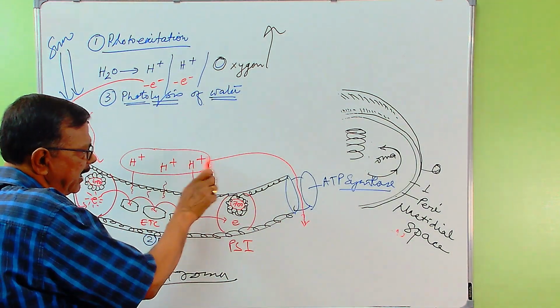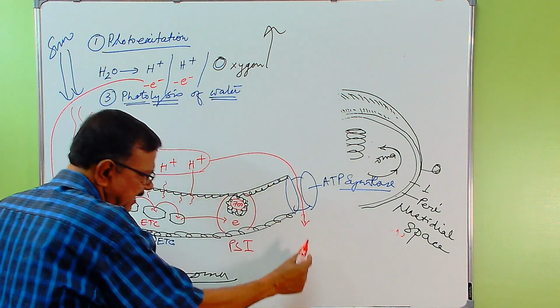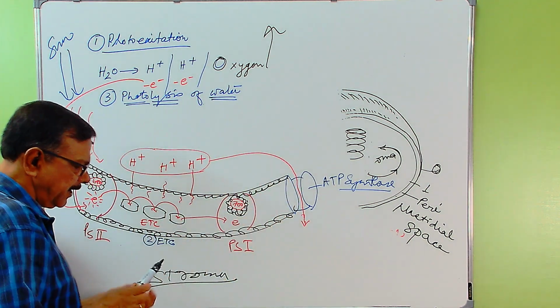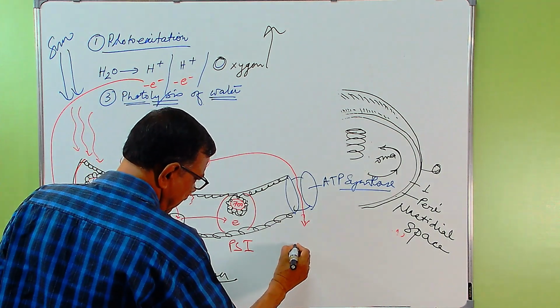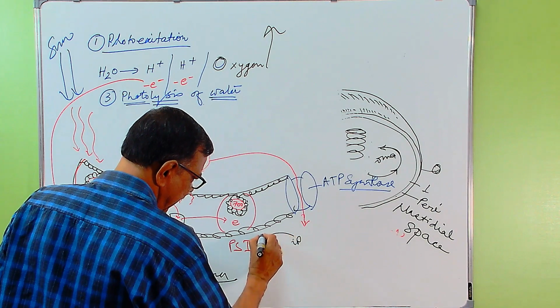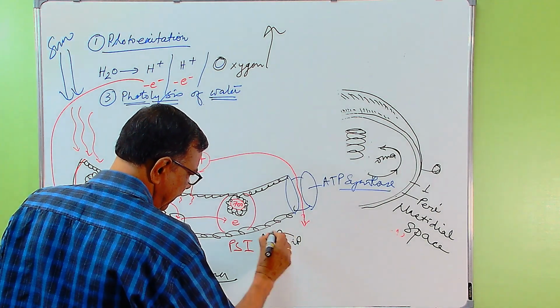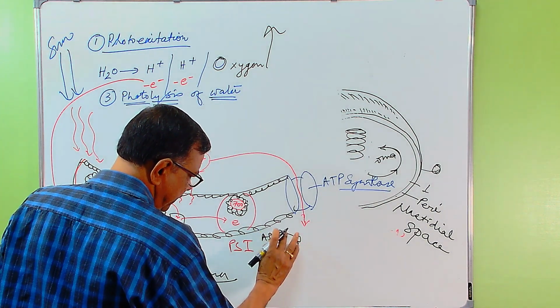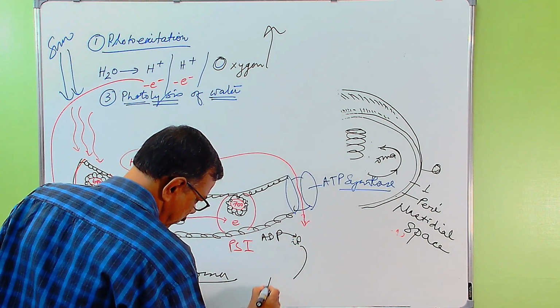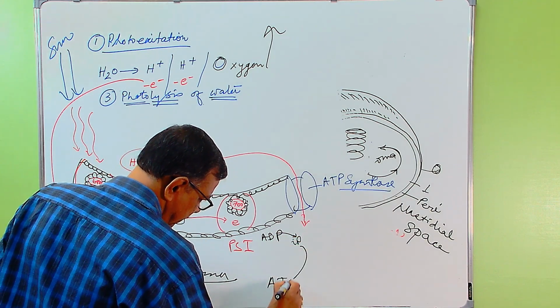While the hydrogen and proton gradient are passing here, that is capable enough to fix inorganic phosphate with ADP, adenosine diphosphate. Taking this inorganic phosphate, it is converted to ATP.